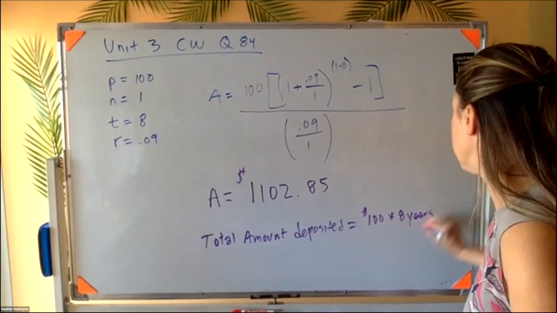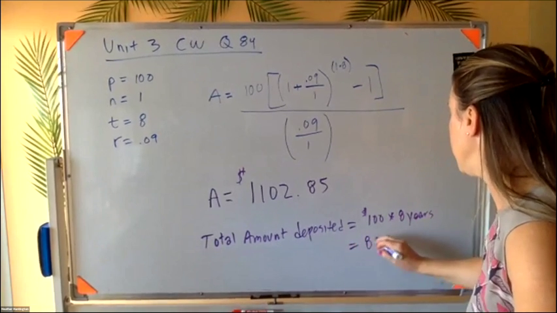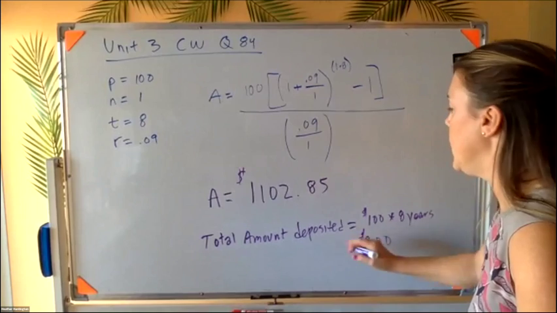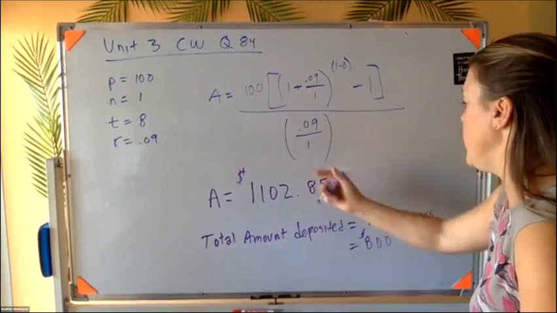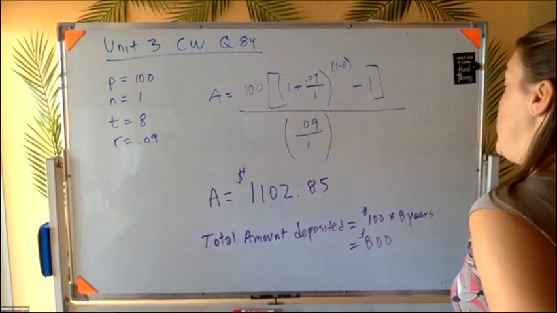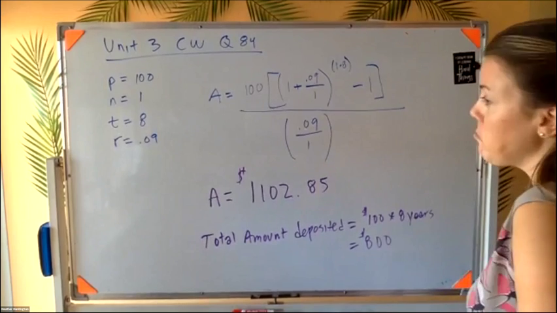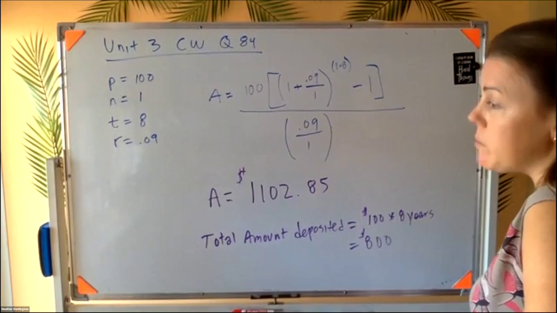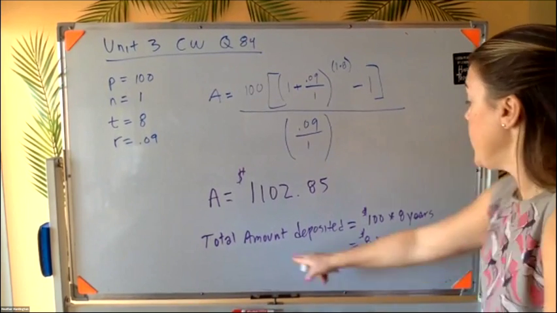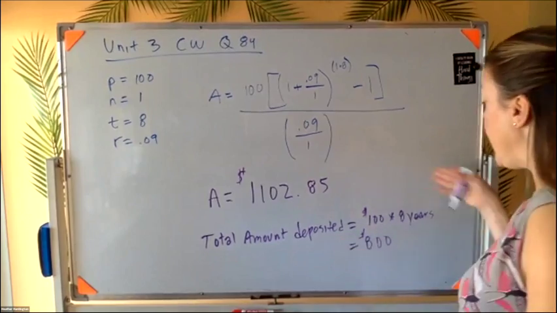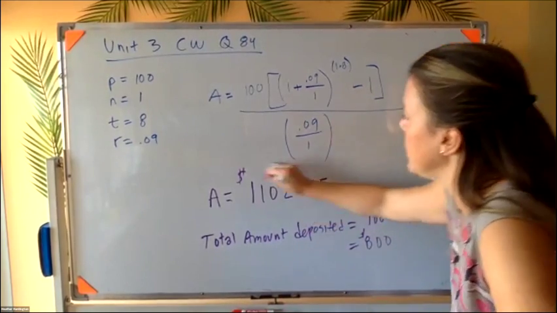So it's 800. Yeah, so it's 800. So over the course of 8 years, we've made about $302 or $303. Okay, it's reasonable. You never want to have the amount deposited be higher than the amount that you accumulated, right?